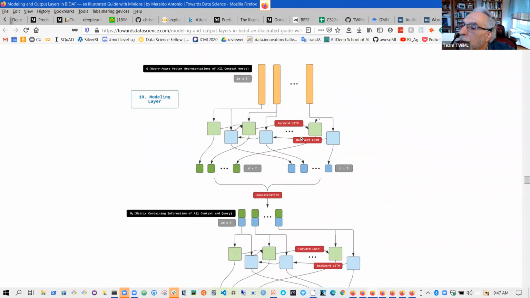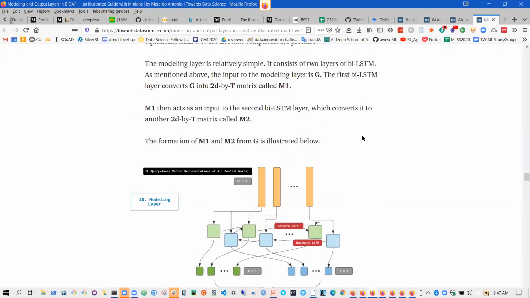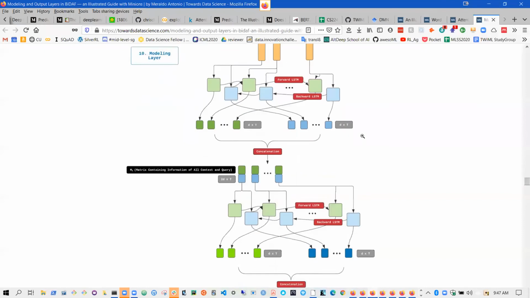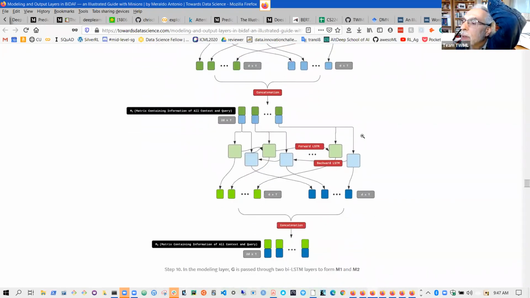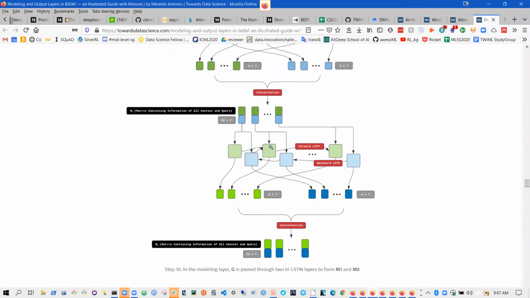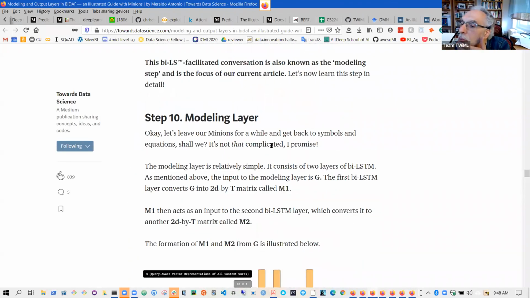There's a forward LSTM and a backward LSTM, but apparently there's 2 of these. No, the second one is the one below. So each of them gives you a D by T, which it concatenates to get 2D by T. Okay. And then feeds it into the second LSTM, which yields M2. The first one yields M1. Okay, so that's what he meant by these 2 layers of BiLSTM.